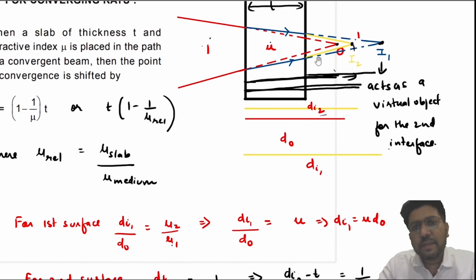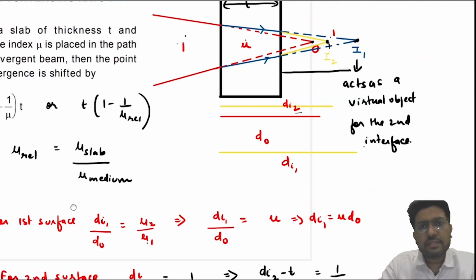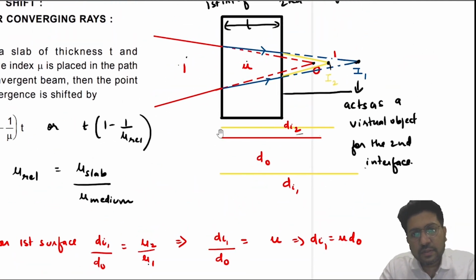The shift will be equal to di2 minus do. Again, di2 is this distance, do is this distance, and this distance is the shift, or you can say the apparent shift.